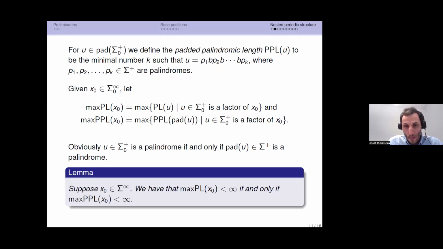If the palindromic lengths of the finite factors of the original infinite word are finite, then also the padded palindromic length is finite. So to prove the conjecture, I can consider this padded palindromic length of the padded infinite aperiodic word.